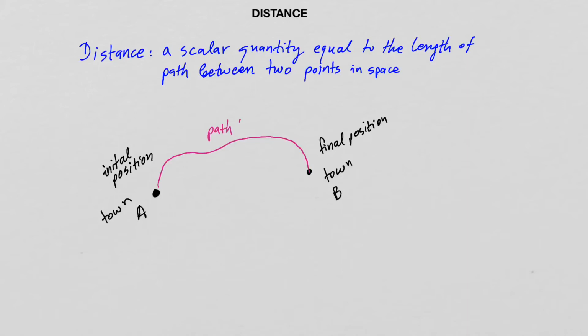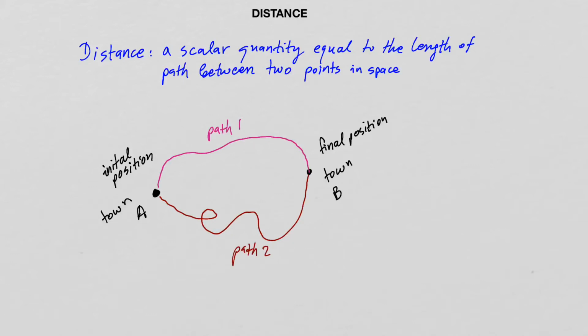So this is path number 1, or along a path that looks like something like this. So this is path number 2.